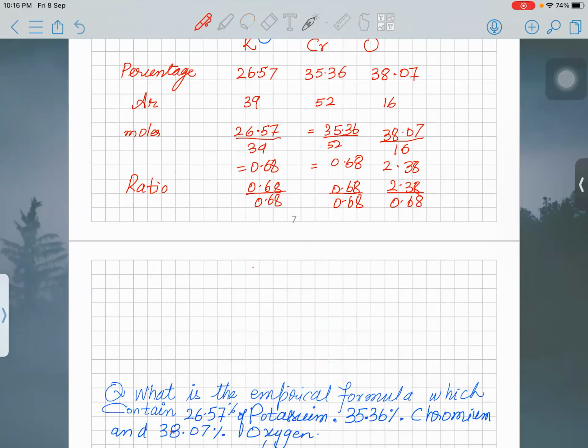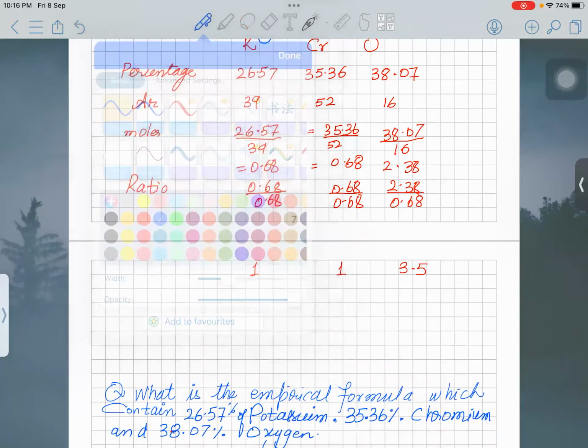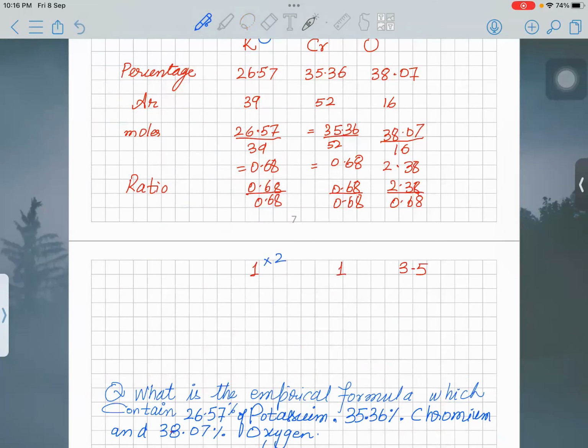Now the ratio is 1, 1, and 3.5. Whenever you have 0.5, multiply by 2, so it's 7. So the empirical formula is K2Cr2O7.